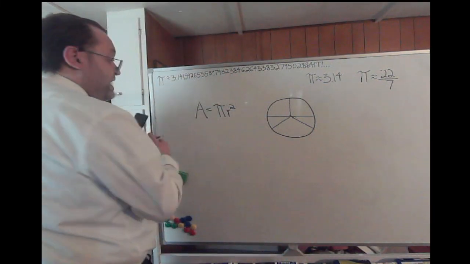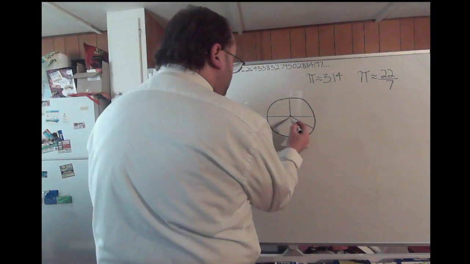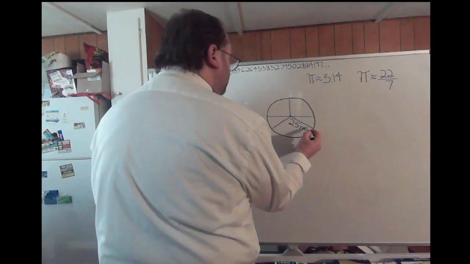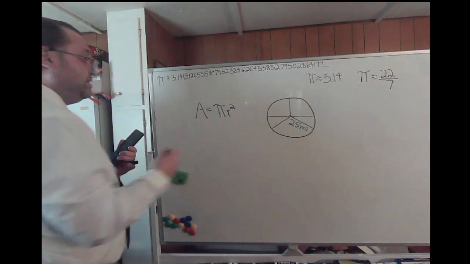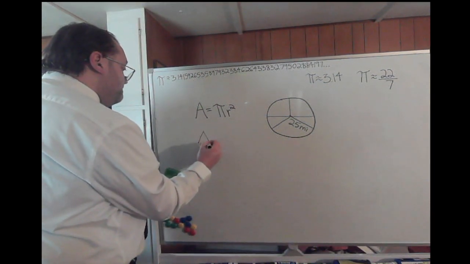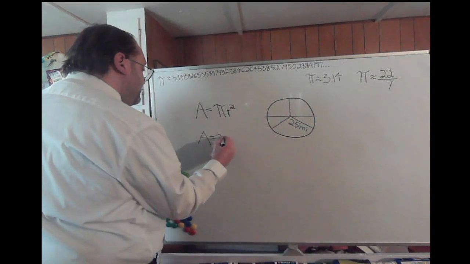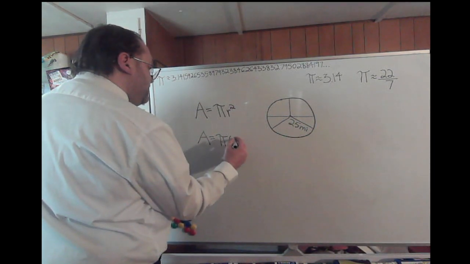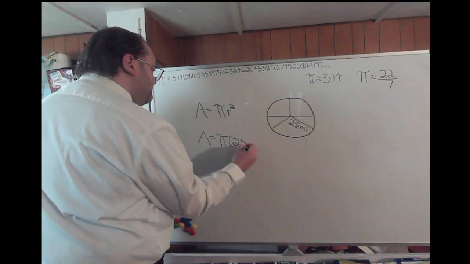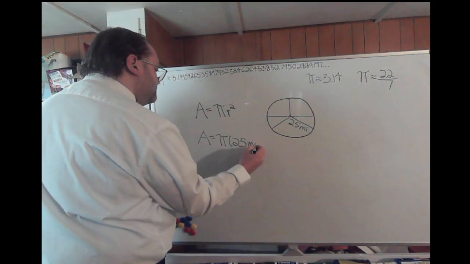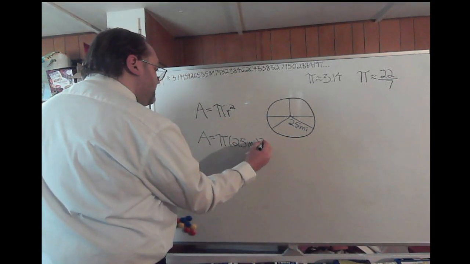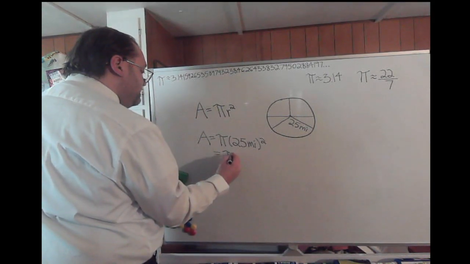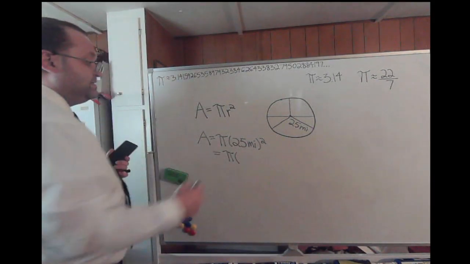Let's say again we have that radius of 25 miles. We want to find the area. So the area, of course, is equal to pi times the radius squared, which would be 25 miles squared, which would be equal to pi times whatever that is.